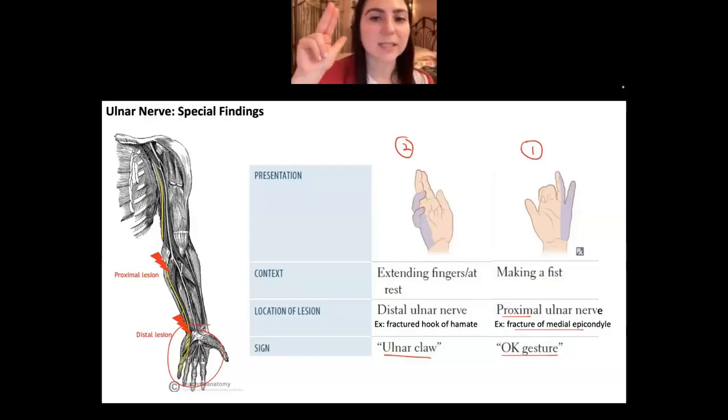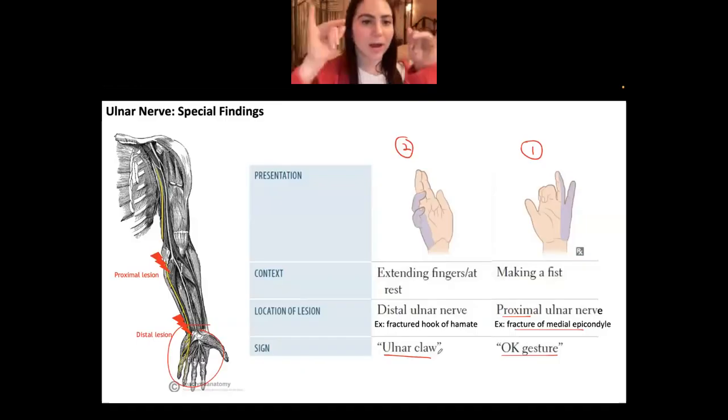And they're saying that this is the ulnar claw. This is not the same. I know for the median claw, I said, oh, that's your ape hand. This is not also called ape hand. It's usually only called ape hand with the median nerve lesion. And the reason why is because remember with the median nerve lesion, at rest, it looks like this. That's the ape hand, right? It looks like this at rest, just like apes, I guess, are walking around like this.